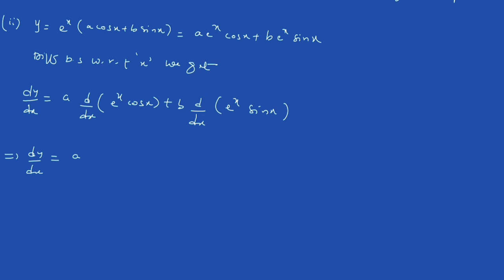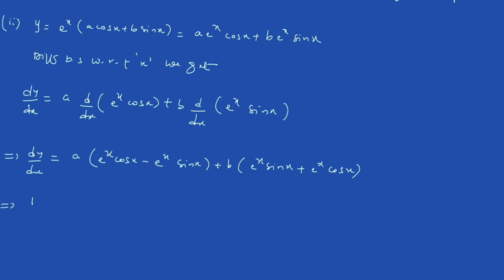Here you want u into v form: first function as it is, differentiation of second function, that is cos x, as it is; differentiation of e to the power of x is e to the power of x, plus second function as it is, differentiation of first one. Plus b as it is, first function as it is, differentiation of second function, plus second function as it is, differentiation of first function, that is sin x, cos x.